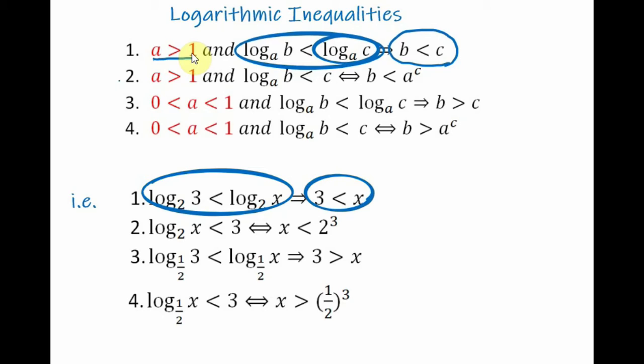And if you look at number 2, our feature tells us that, again, suppose that the base is greater than 1. Here, if c is greater than logarithm of b in base a, we can conclude that a to the power of c is greater than b.